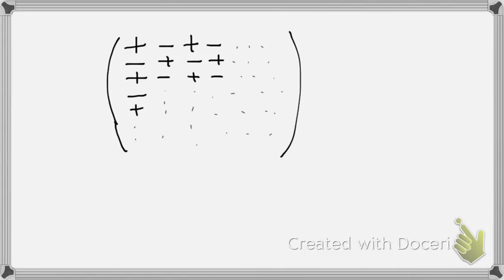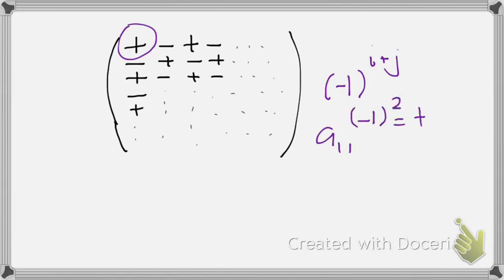What do we notice happens when I take that term -1 raised to the i plus j? If we take the A11 entry, it would be -1 raised to the 2, which is a positive 1 in this case.